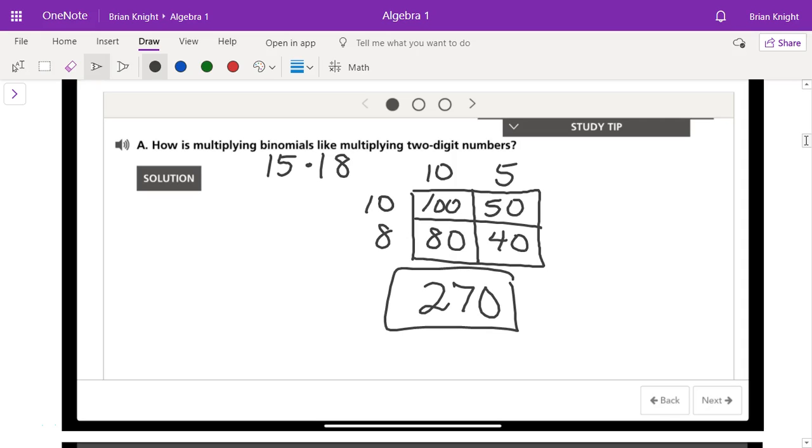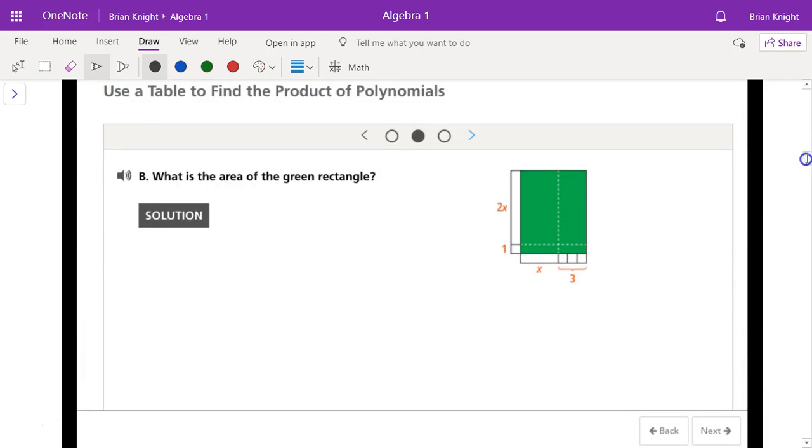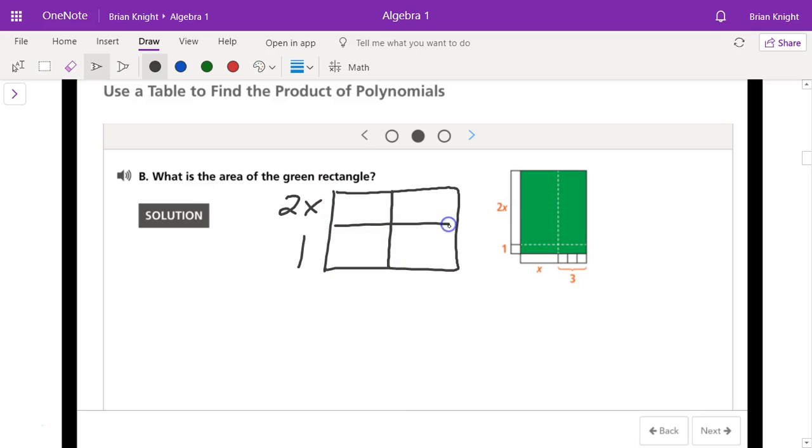Okay. So here, same thing. But you could do it like it's a Punnett square. So we have 2x and 1. Over here we got x and 3. 2x times x is 2x squared. 2x times 3, 6x.